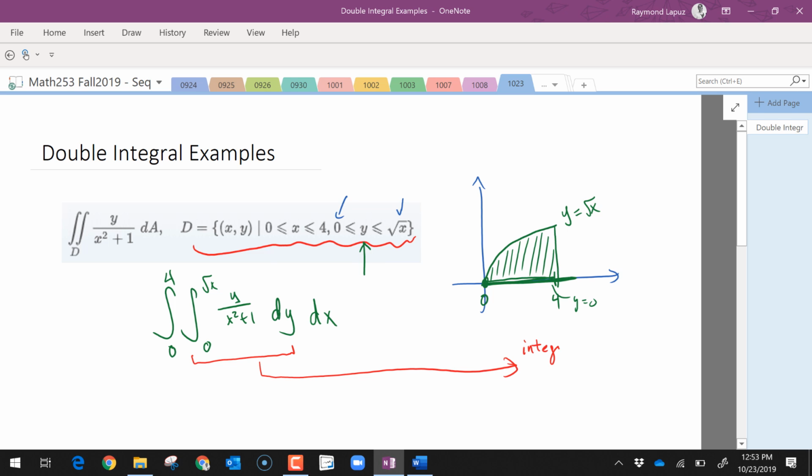So integrate with respect to, WRT, with respect to y first.